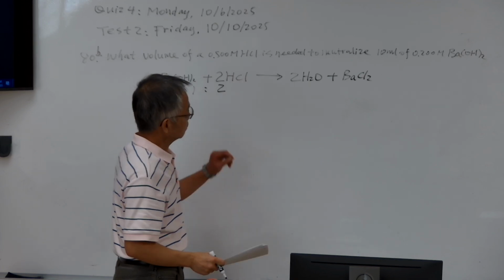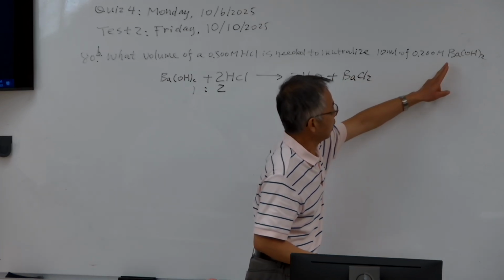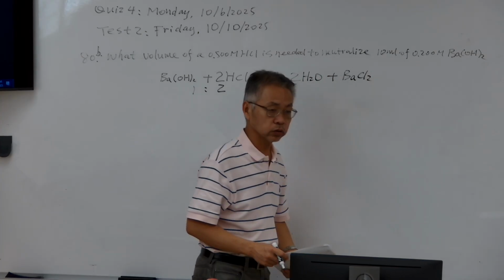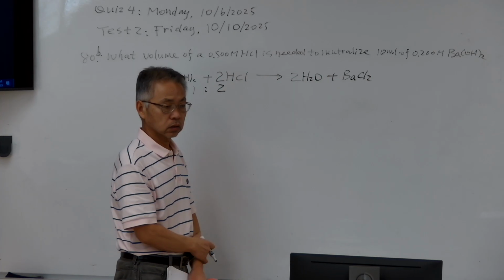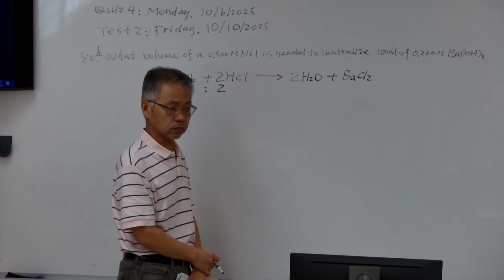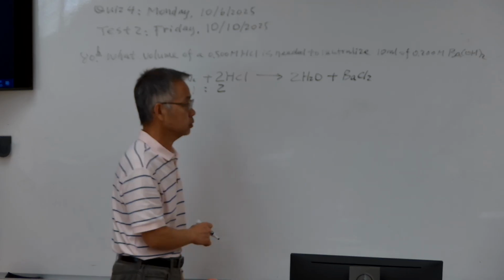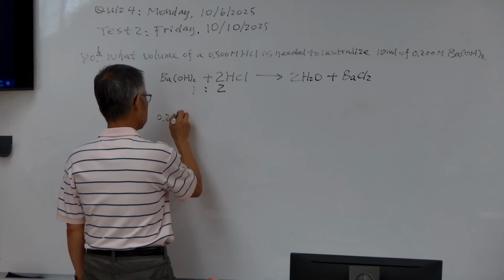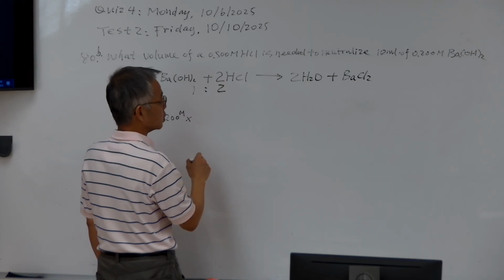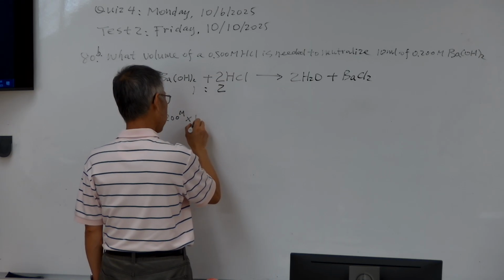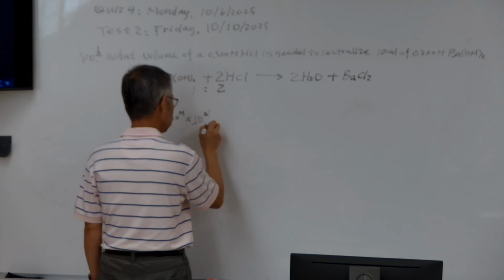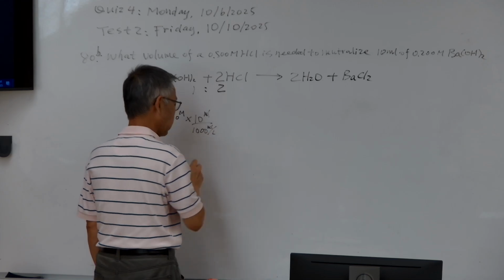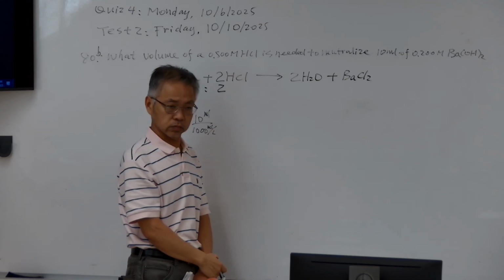Okay. So barium hydroxide. Here your volume, here your concentration. What you can calculate? Concentration times volume is moles, right? So 0.2 molar times volume is 10 milliliter. You can convert it to liter, or even you can keep using milliliter.